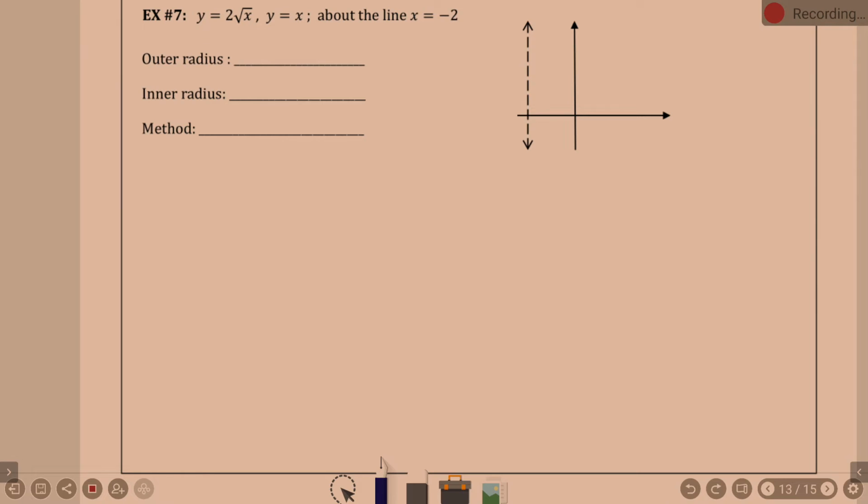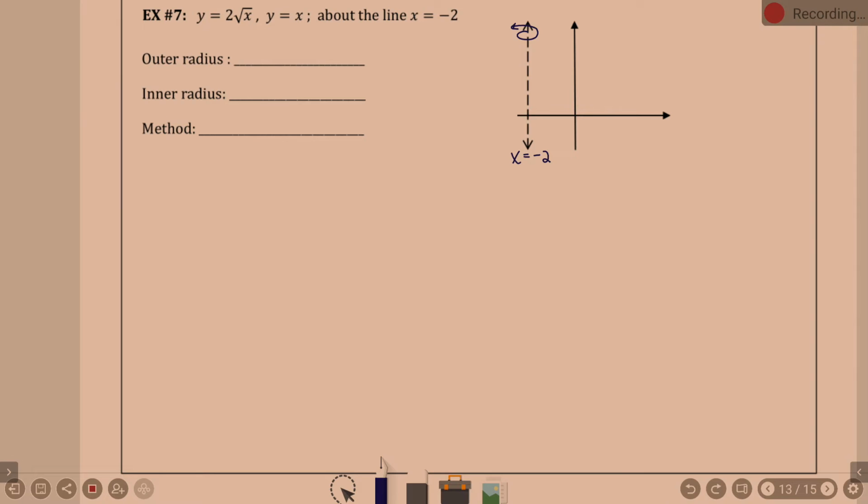Okay. Y equals 2 square root of x. Y equals x. About the line, x equals negative 2. So there's my rotation. What do you guys know about 2 square root of x? What do you know about square root of x?